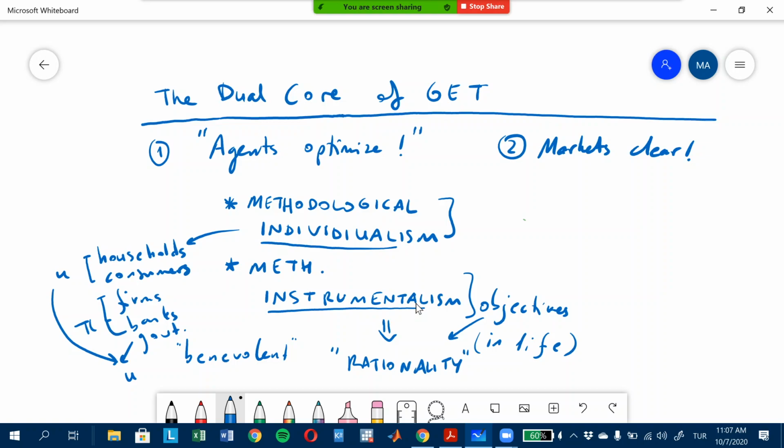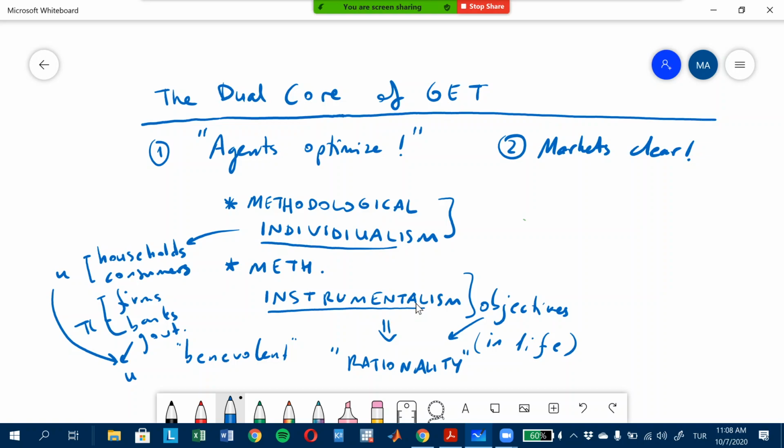If people are rational, they think about their objectives, they think about their constraints, they take scarcity as given. So they take decisions rationally to optimize their decisions to meet their objectives.